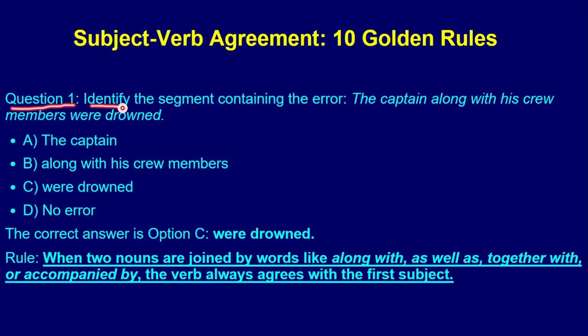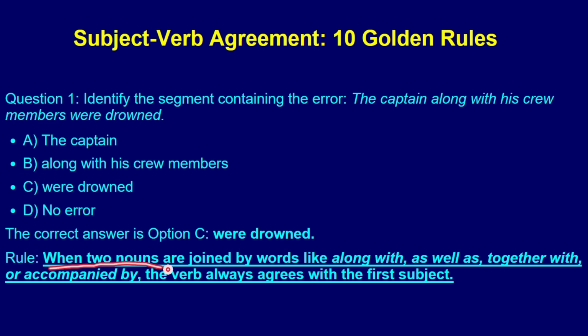Identify the segment containing the error. The captain along with his crew members were drowned. A. The captain. B. Along with his crew members. C. Were drowned. D. No error. The correct answer is option C. Were drowned. Here is the rule.